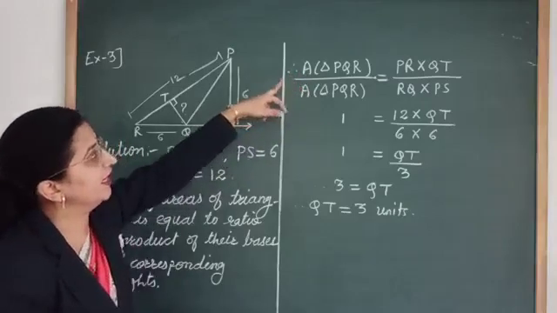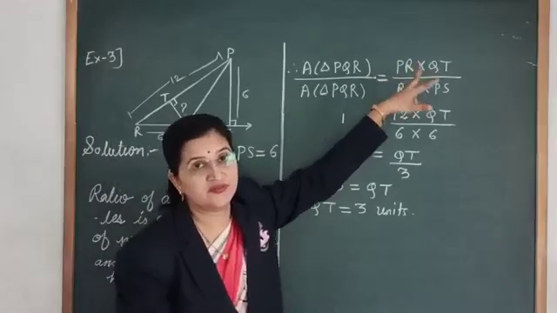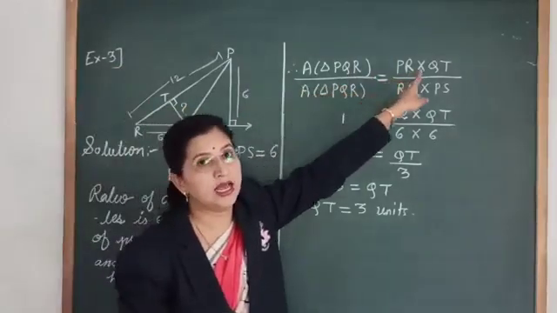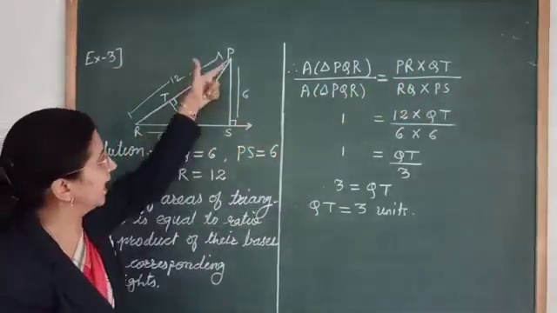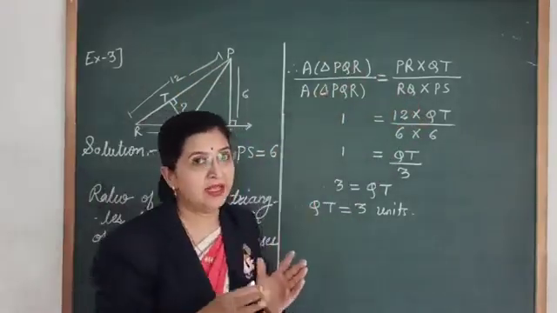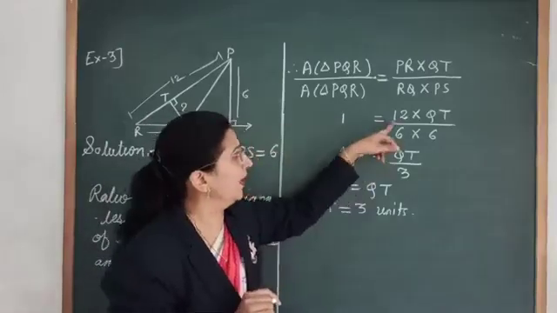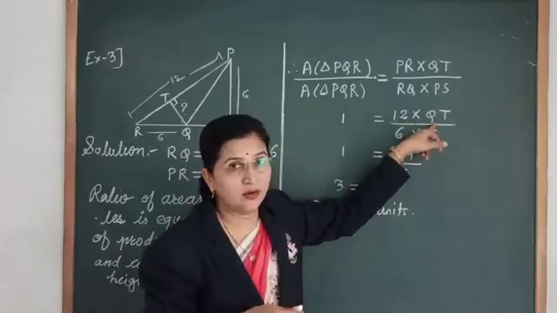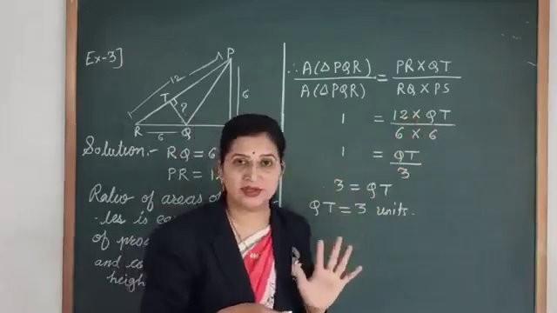So area of triangle PQR upon area of triangle PQR is equal to, first time we will take PR as the base and QT as the height, upon, second time we will take RQ as the base and PS as the height. Okay, so as these triangles are the same, the ratio will be 1 is equal to, PR is given 12 into QT, that we have to find, upon RQ is given 6, PS is also given 6.